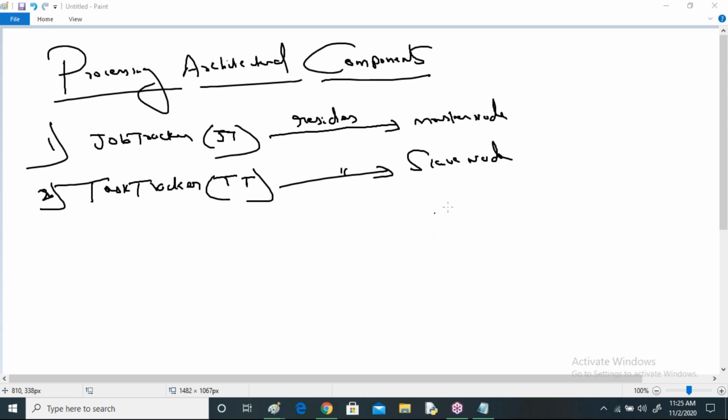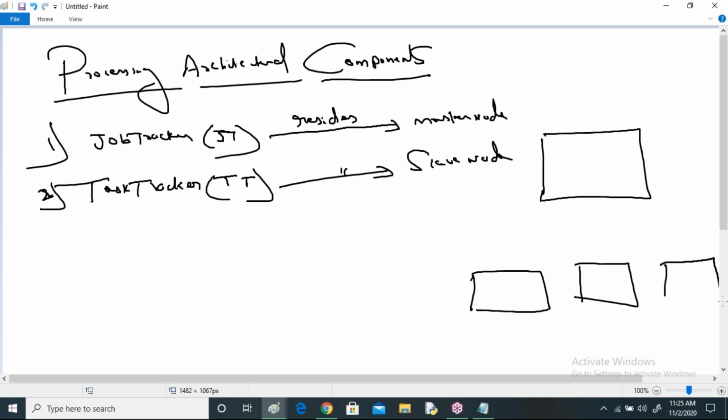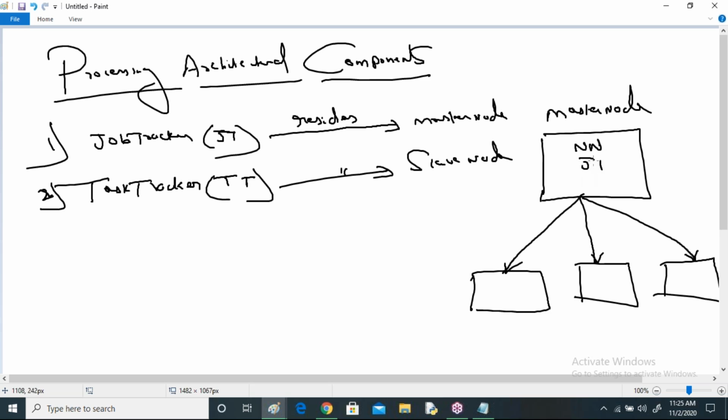So here, if you observe, this is my master node, and these are my slave nodes. Within that master node, we have got the name node, and the job tracker resides within the master node.